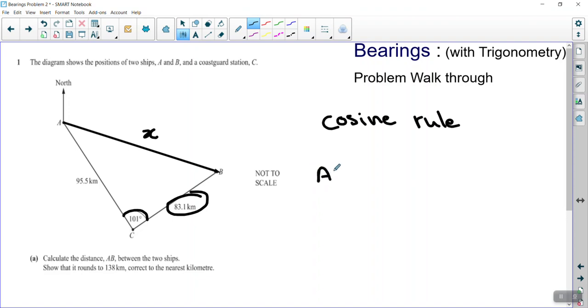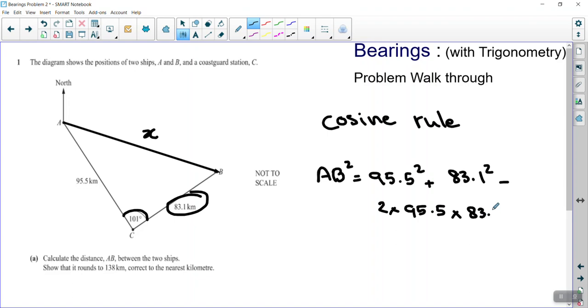The cosine rule states that, for example, if this is your missing side, let's write AB squared is equal to the sum of the squares of the other two sides. So that is 95.5 squared plus 83.1 squared minus 2 times the same two sides, 95.5 times 83.1 times the cosine of the angle that is sandwiched between them, which is 101 degrees.